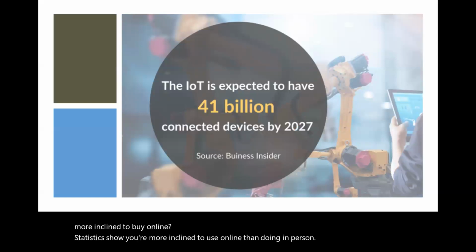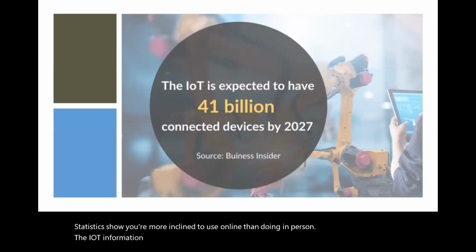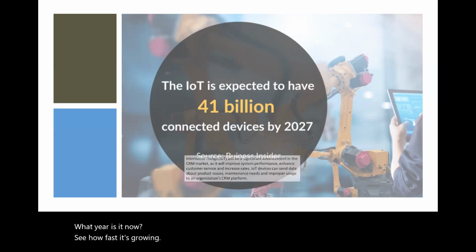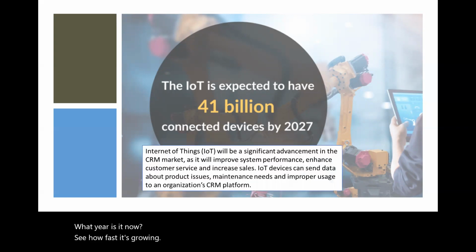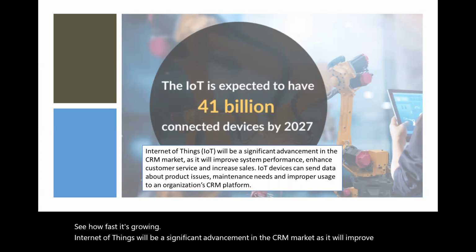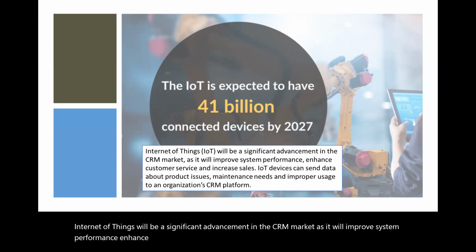The IoT, Internet of Things, is expected to have 41 billion connected devices by 2027. 2027. What year is it now? See how fast it's growing? Internet of Things will be a significant advancement in the CRM as it will improve system performance, enhance customer service, and, drum roll please, increase sales.